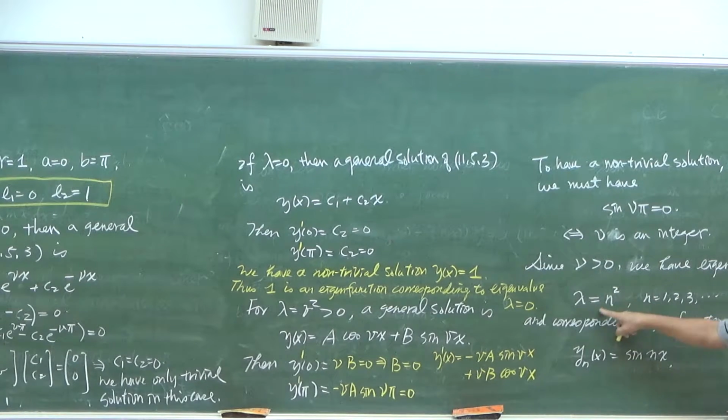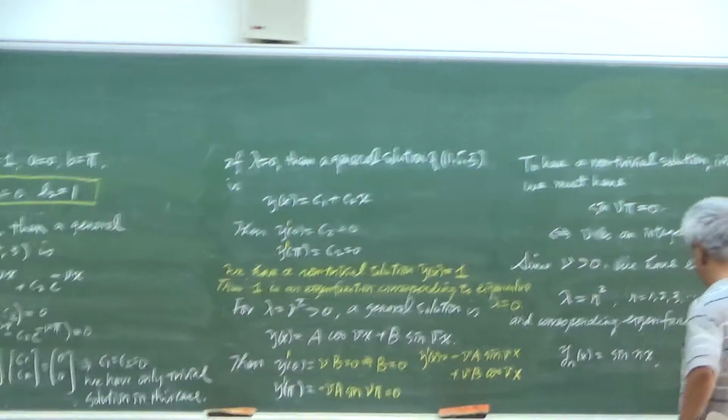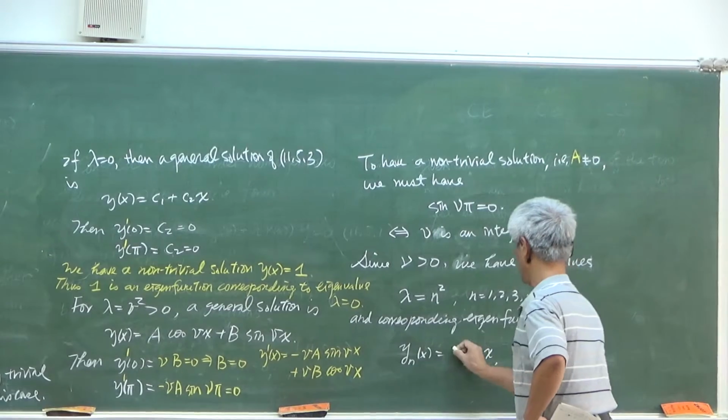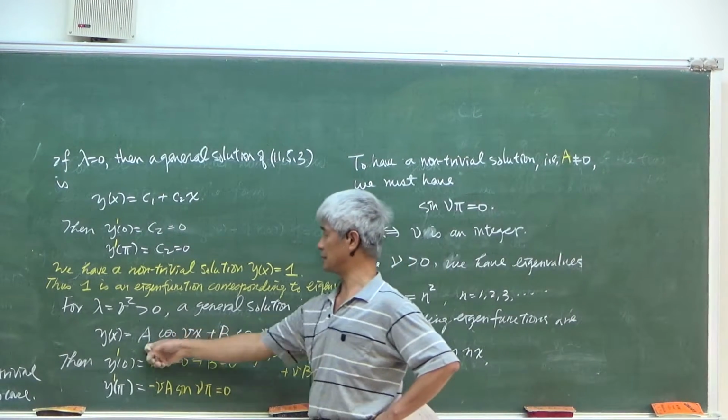So we have eigenvalues equal to n squared with corresponding eigenfunctions which are cosine, because a is non-zero.